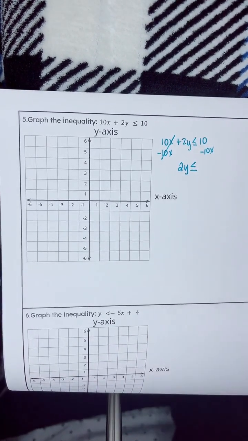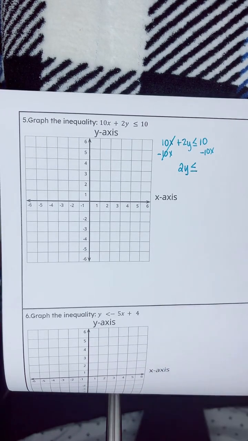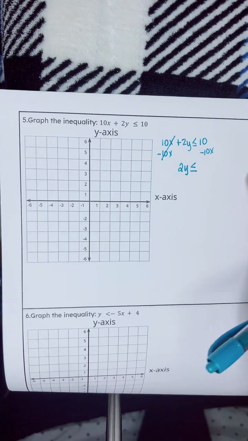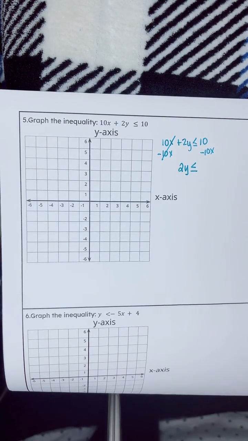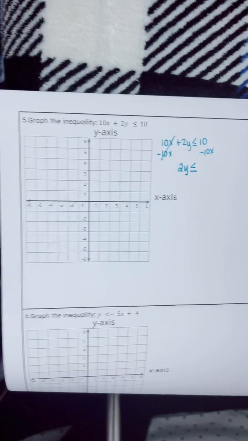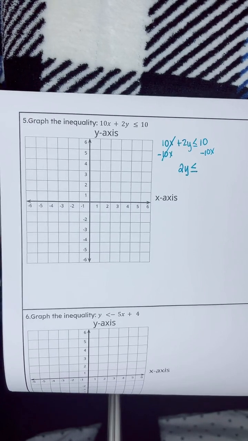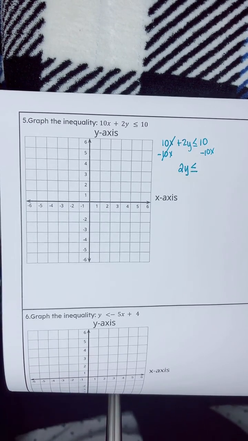Can somebody tell me what do we get on this side? Put it in the chat. Negative 10x plus 10.